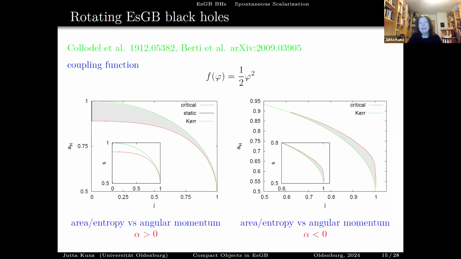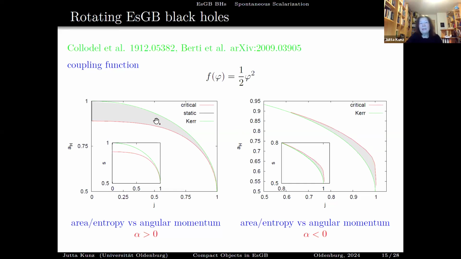The other coupling function also has something interesting, namely, I told you that all the solutions are unstable, also the fundamental solution is unstable. But now when we rotate, it's not that clear, it hasn't been looked at yet.